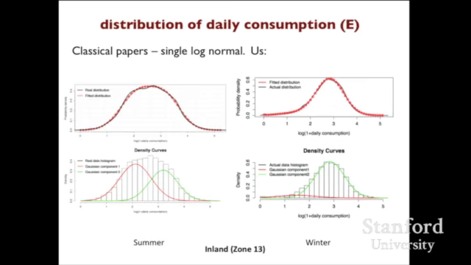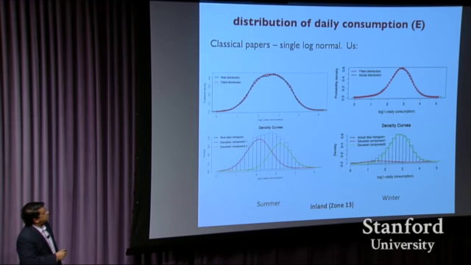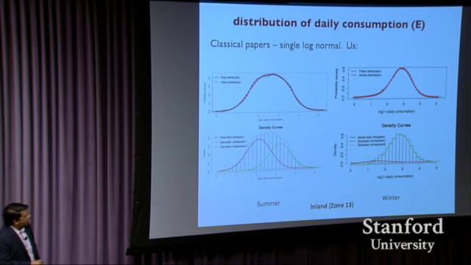Now we looked at inland, and there we had a surprise. First, during winter, the distribution is also log normal, fine, and the parameters are very closely matching those parameters that we see in coastal areas. But if I look at the summer consumption, a single log normal fails to fit the distribution. In fact, what we see is that you have two log normals.